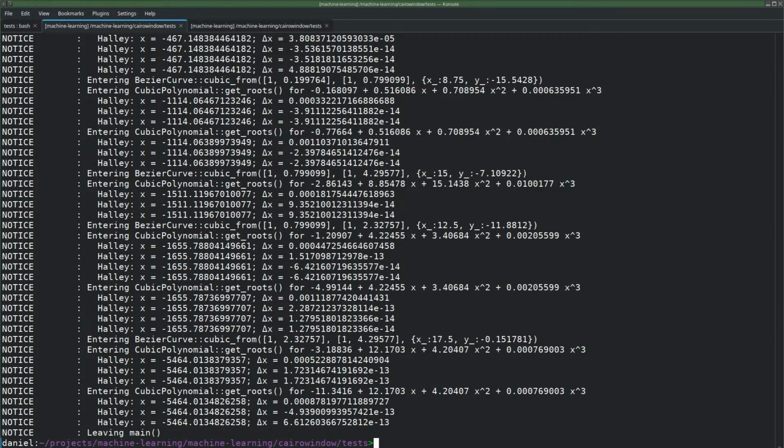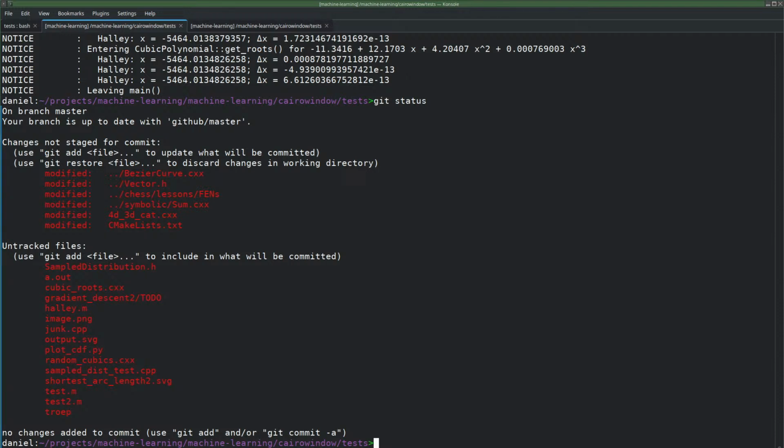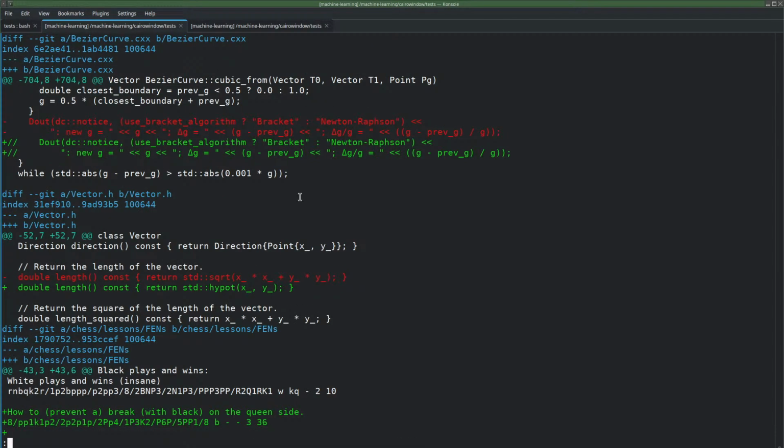this. Git status. Oh boy, well, can't commit without looking at the diff. Why did I comment this out? This bracket algorithm. Oh wait, bracket or Newton's is printed here in Bezier curve, and commented out probably because it was too verbose. And here I discovered that standard hypot exists, so I thought let's use it.